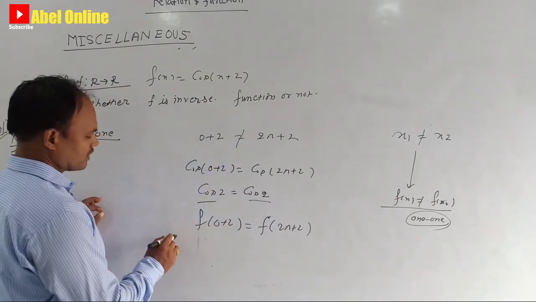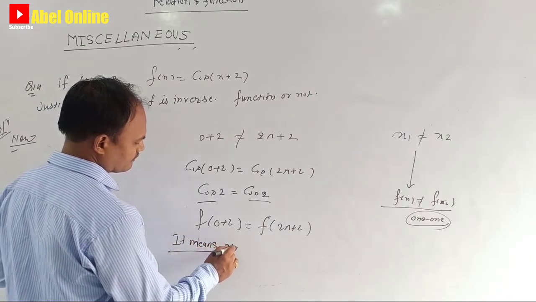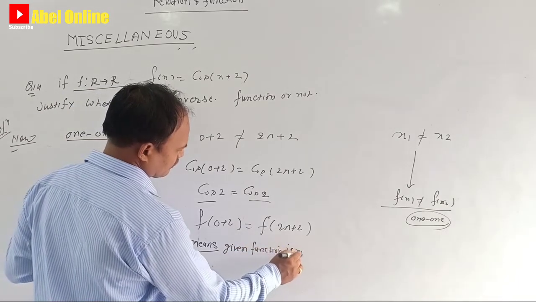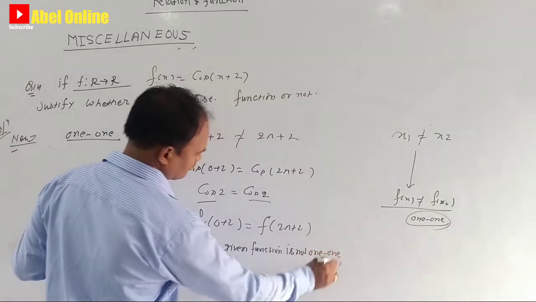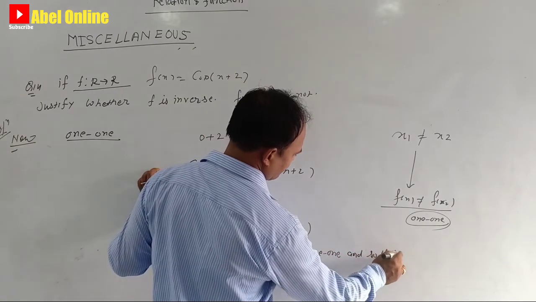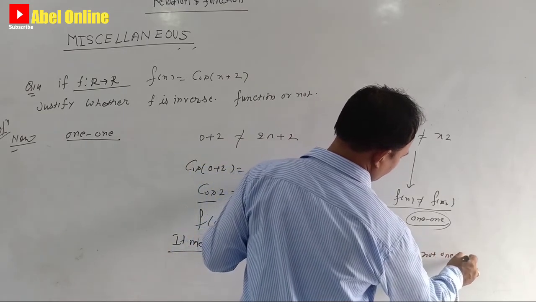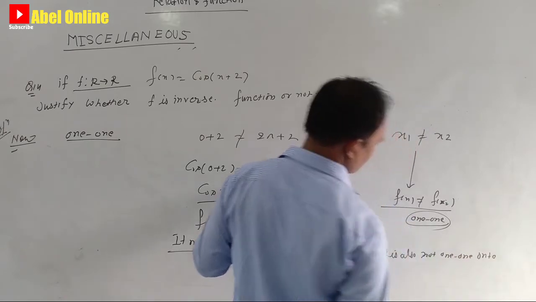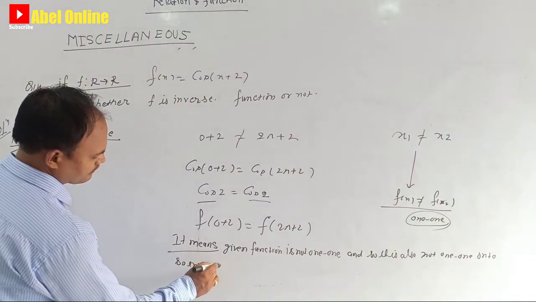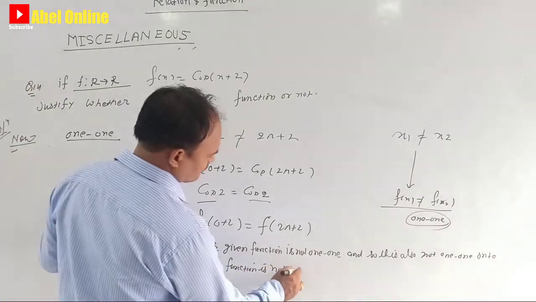It means the given function is not one-one, and so it is also not one-one onto. So the inverse function does not exist.